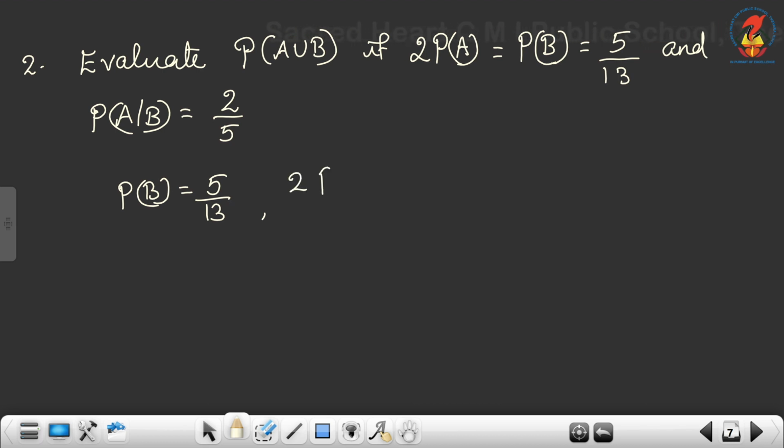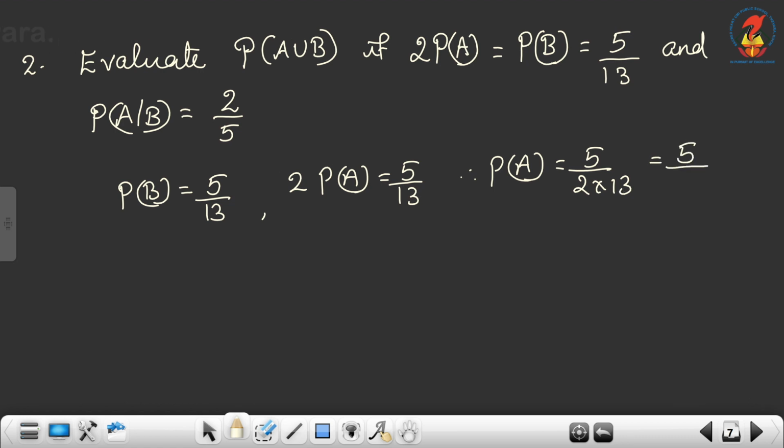Then 2 P(A) is 5 by 13. So what is P(A)? Therefore, P(A) is 5 by 13 divided by 2, or 5 by 2 into 13, that is 5 by 26.